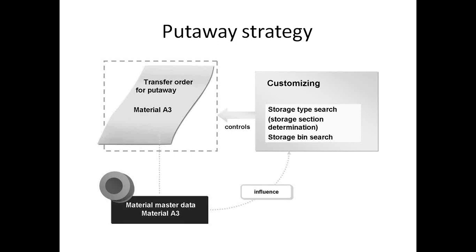Whenever any goods receipt is done, the system automatically picks up that GL account and updates it. In the same way, here we use automatic put away strategies. We do the configuration and make the system understand which storage bin it has to update. That is what we call put away strategies.